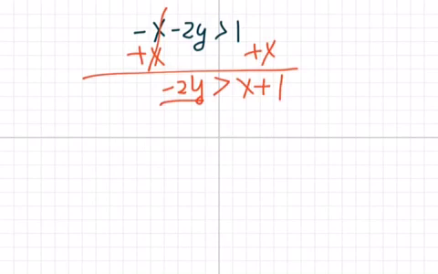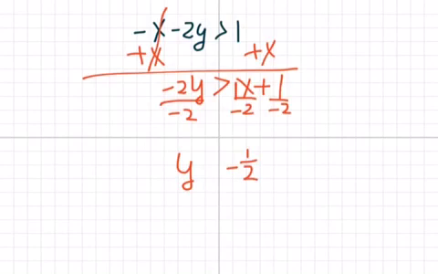Dividing by negative 2, we get y, and there's a 1 right here, so pulling the negative out, negative 1/2 x, and pulling this negative out, minus 1/2. And since we divided by a negative, we have to flip the greater than symbol.